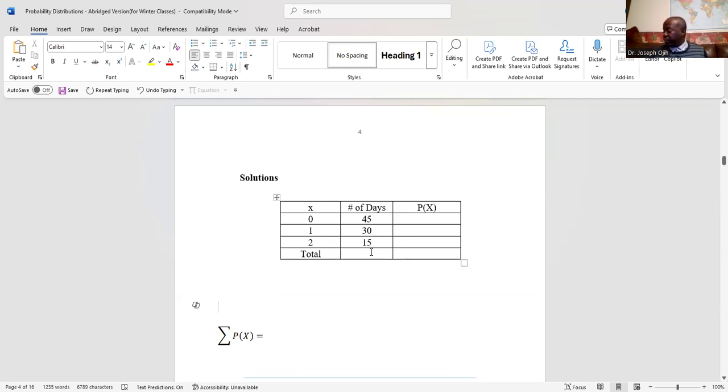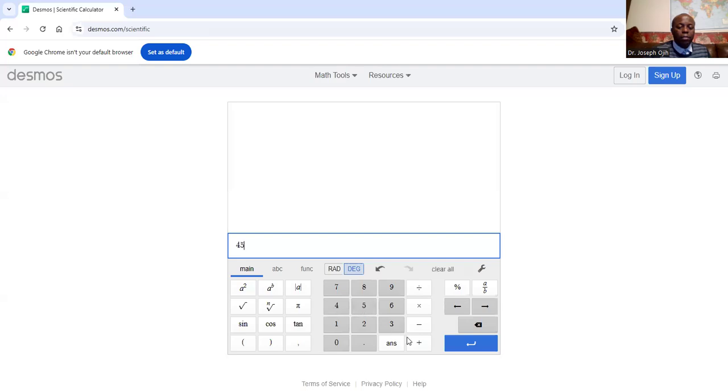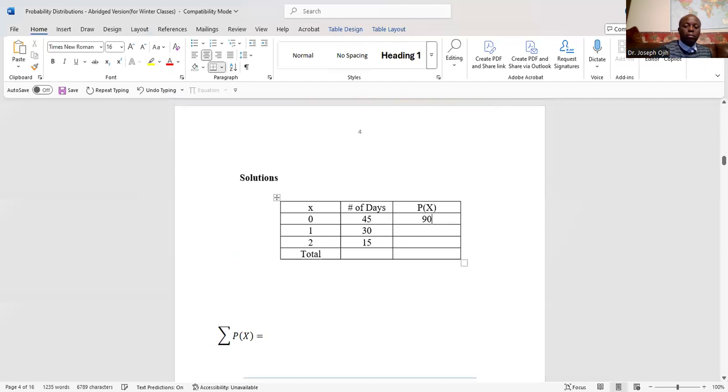I'm going to write this down so we can get it from the calculator. 45 plus 30 plus 15 gives me 90. Okay? I'm going to go there and put 90. Oh, sorry, mistake. Put 90 right here, total 90.